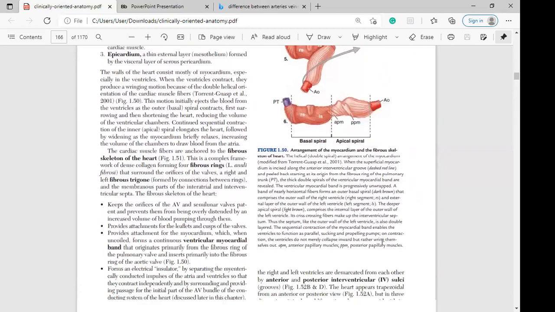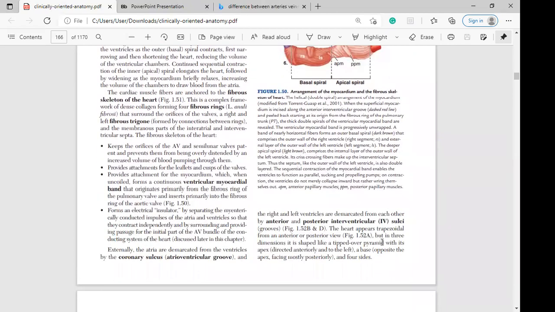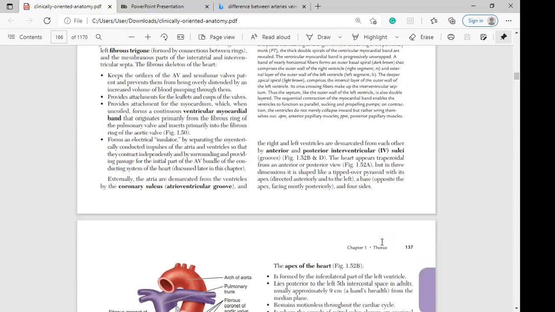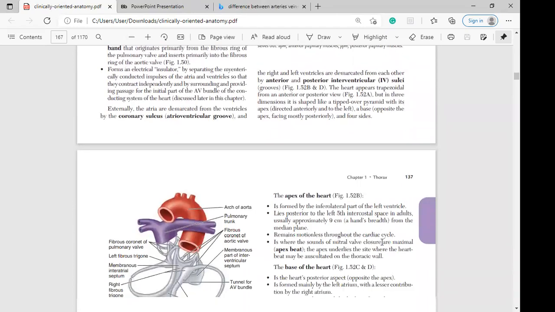Good. And we said the heart has how many parts? 2. The apex and the base. What forms the apex of the heart?